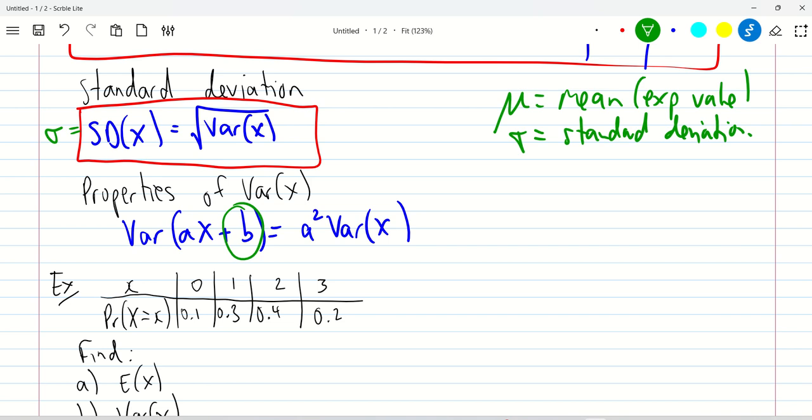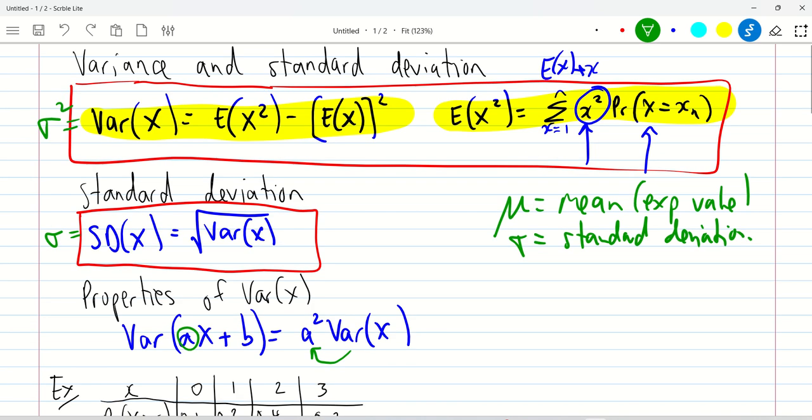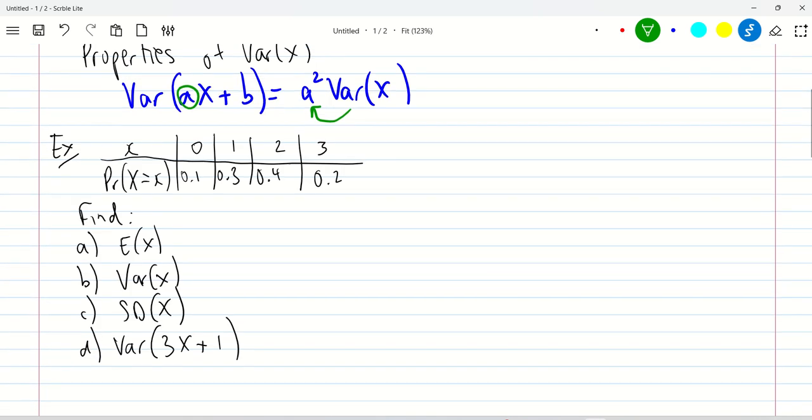So that plus b doesn't even come into consideration. But that a, the constant in front, comes out the front as a squared. That's because the standard deviation is getting squared, and we'll go through that in the example in a second. Okay, so just a couple of definitions there, but let's bring it together with an example.